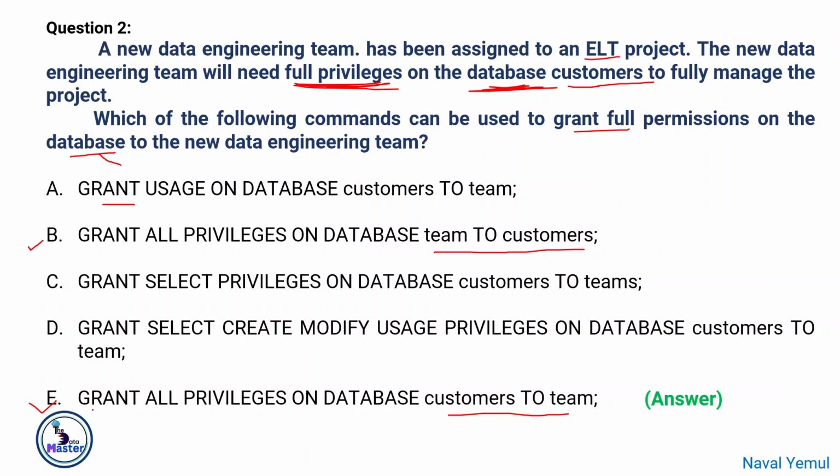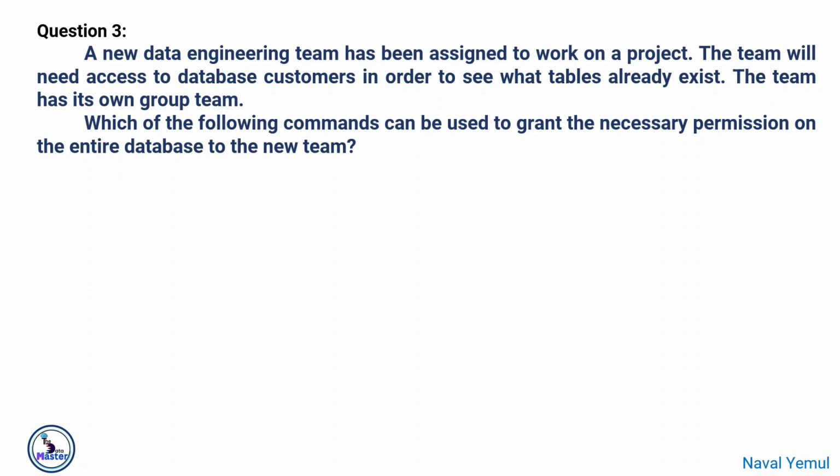So that would be answer E here. We need to be careful. That is about the second question. Grant all privileges on the object name customers, as your database name or a schema name, to a specific user or a team. Cool. That is the second. Look at the third question.